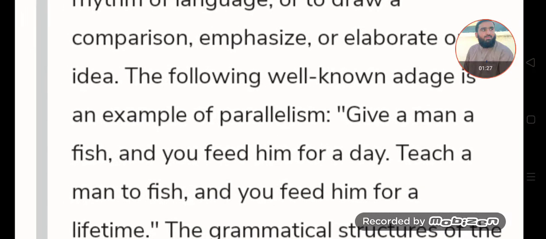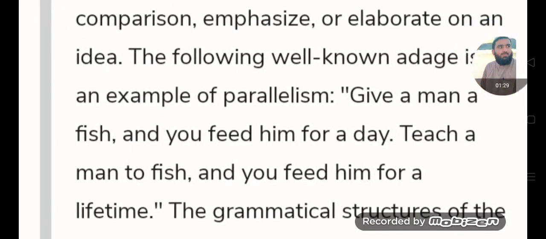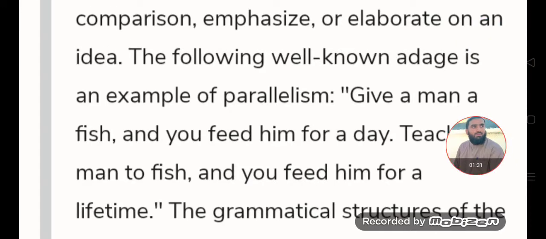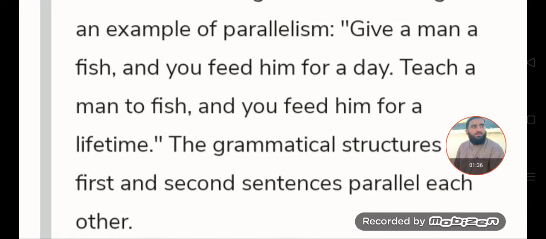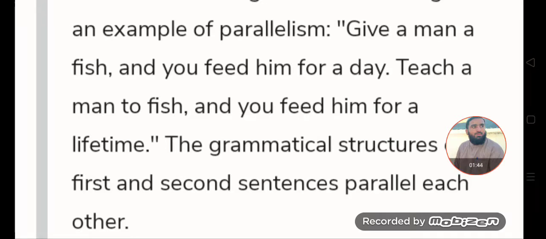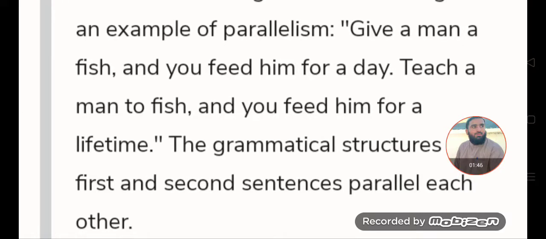A well-known adage is an example of parallelism: give a man a fish and you feed him for a day. If you give a fish to a man, it means that you feed him for a day. Teach a man to fish, that is, how to fish, and you feed him for a lifetime.